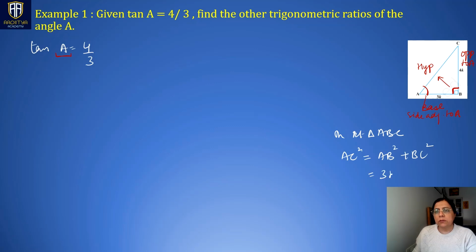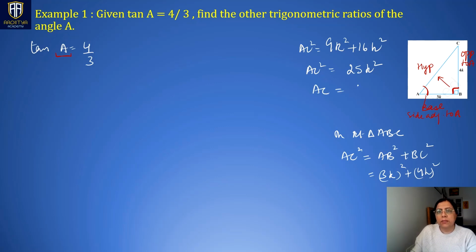AB is 3k, so 3k square, and this is 4k square. So we have 9k square plus 16k square. So AC square becomes 25k square. Now if we take the square root on both the sides, AC becomes 5k, right? So now we know the values of all the three sides. This is 3k, 4k, and this is 5k.